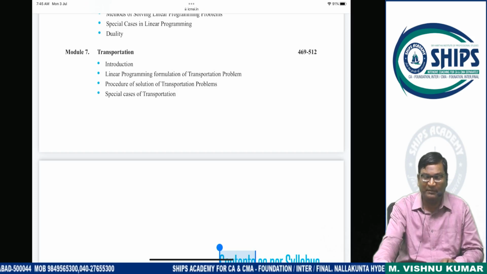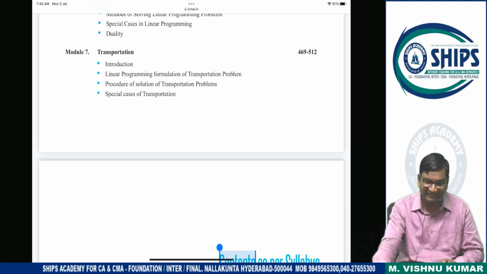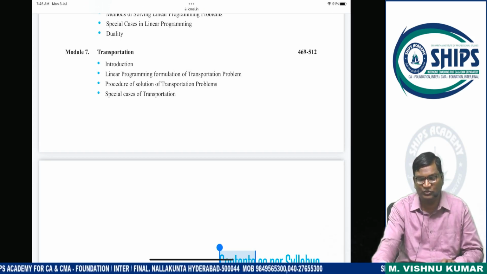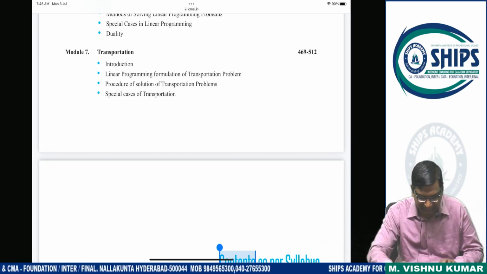Test of optimality can be done by the modified distribution method. Clear? So the test of optimality we will also discuss here. In transportation there are no changes, only advanced problems are covered here.